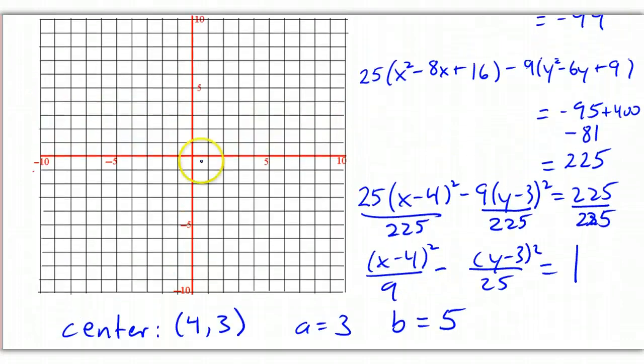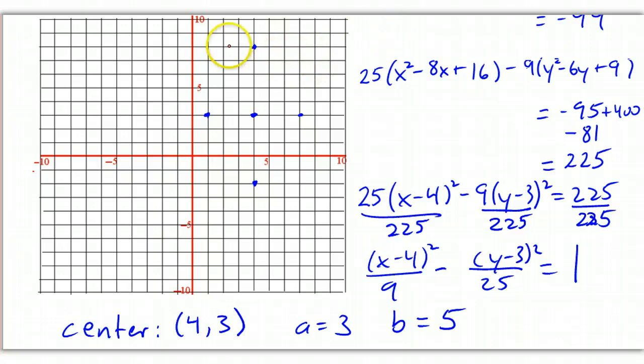So I'm going to go to my point 4, 3. And since x is the positive term, we have a horizontal transverse axis. So I'm going to go 3 to the right. I'm going to go 3 to the left. I'm going to go 5 down. I'm going to go 1, 2, 3, 4, 5 up.